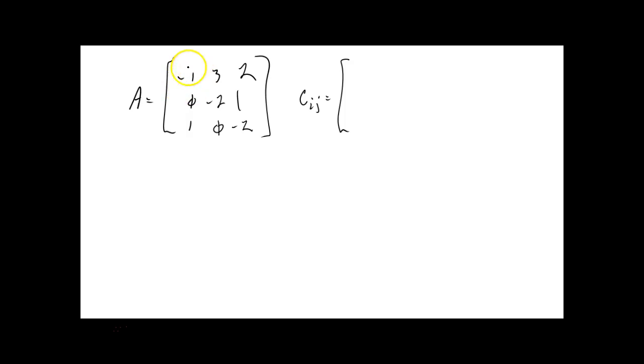Okay, this position is a positive position. Forget about its value, -1 is a positive position, so you do the determinant of the minor that you have left. And what would that be? 4. Okay, done.